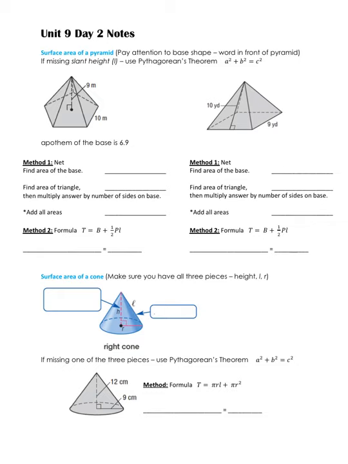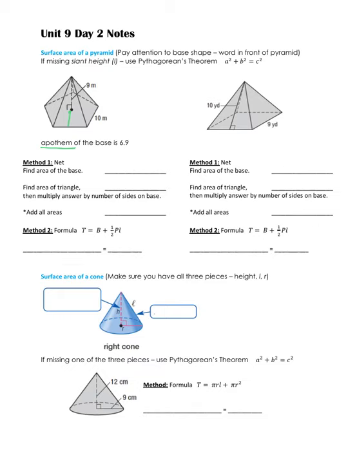To find the area of something with more than 4 sides, you need the apothem. Now, the apothem is the distance from the center to the edge of that shape. So that is 6.9, the distance from the center of that pentagon to the edge.